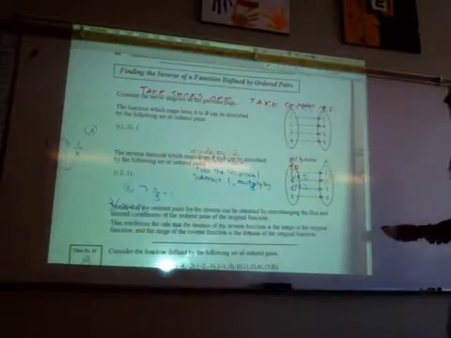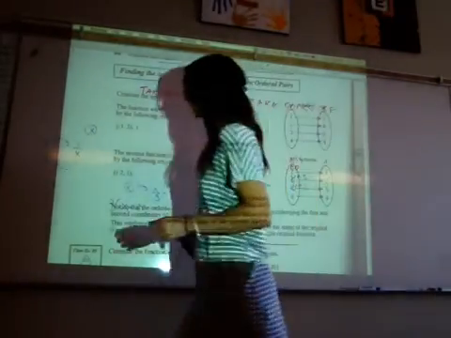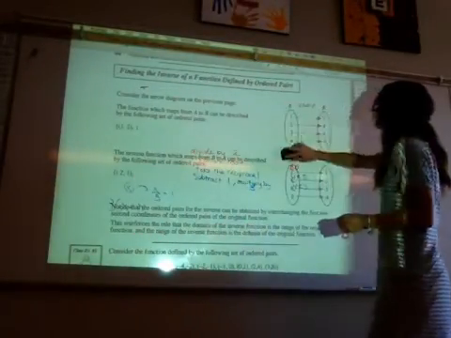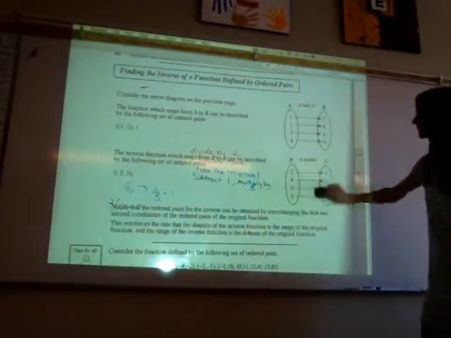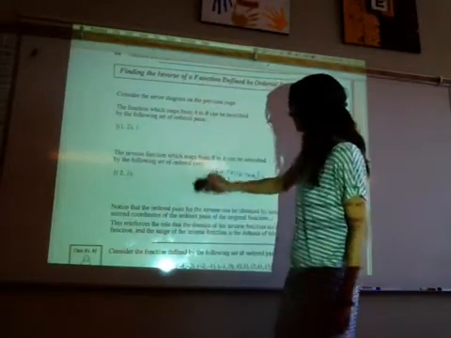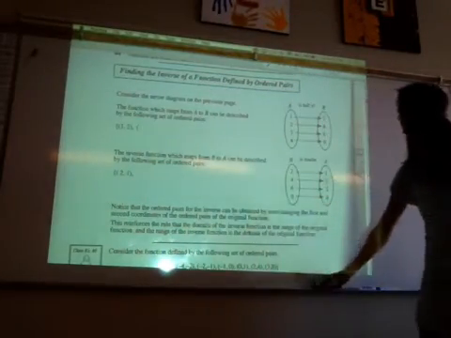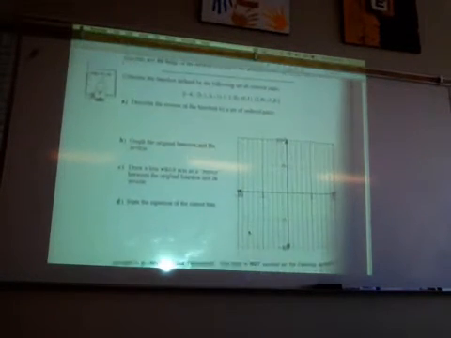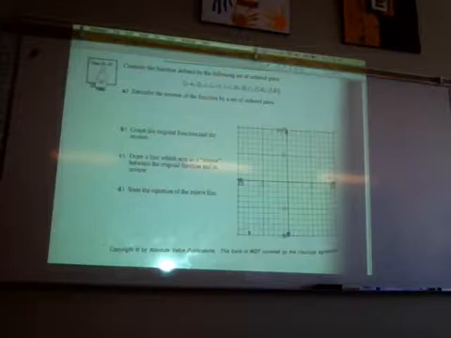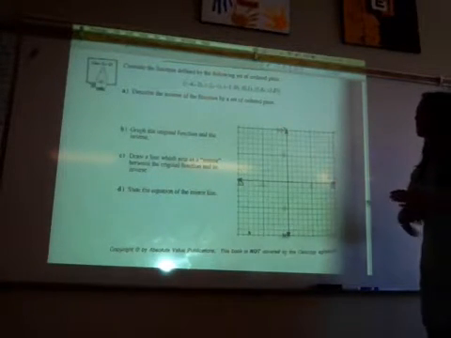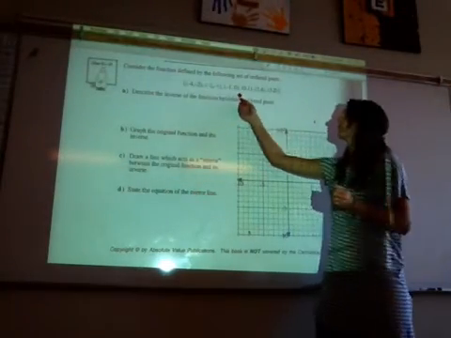So we already talked about how the ordered pairs x and y switch, and we're just going to put that into action a little bit more here. And because we already talked about it, let's just go down to example number 3. In example number 3, we're given a set of ordered pairs here.